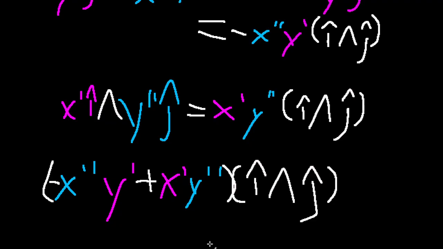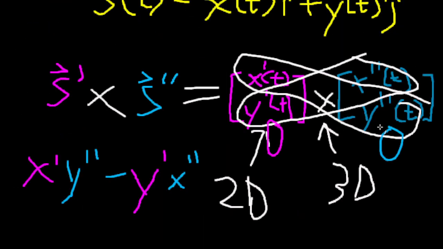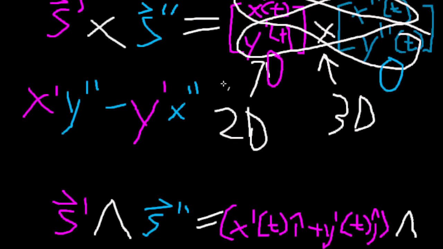And this formula might be familiar. Well, usually it's x prime times y double prime minus y prime times x double prime. But we would usually arrive at it by taking the cross product over here, yeah, exactly like this.